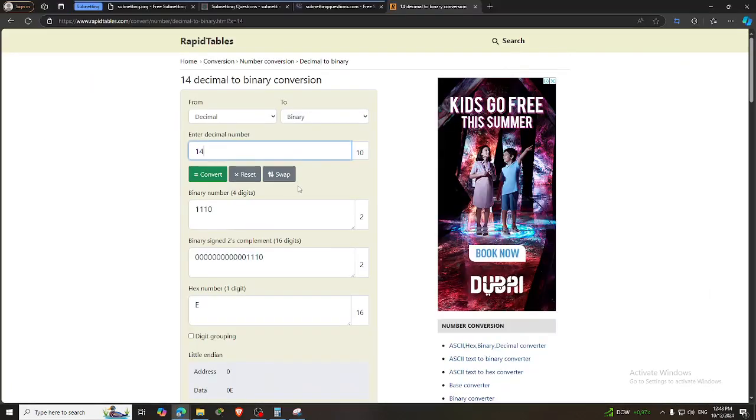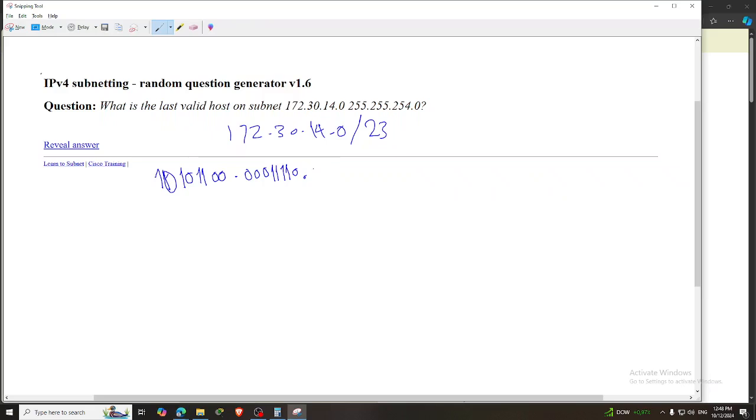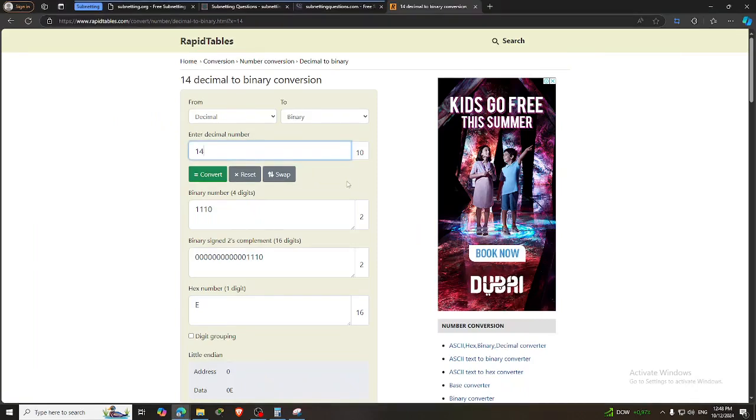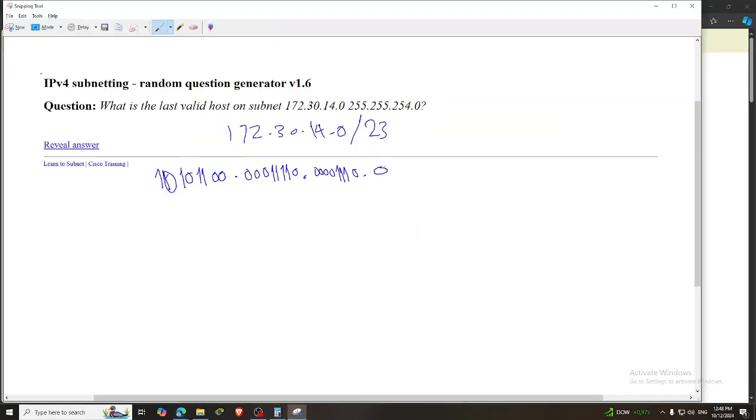Okay. We have 4 here, so we'll write 4 here too. 1, 1, 1, and 0. And here is all zeros. 23. So the last usable address.